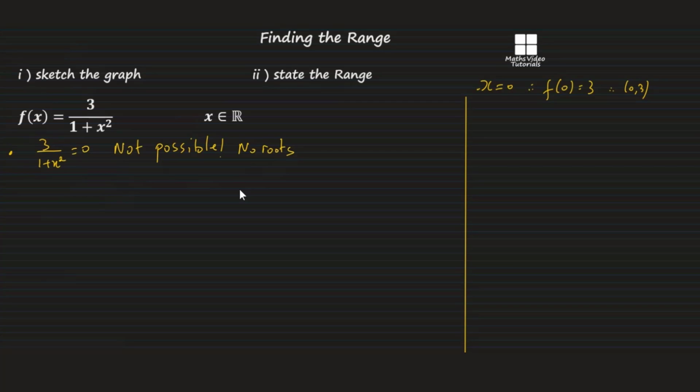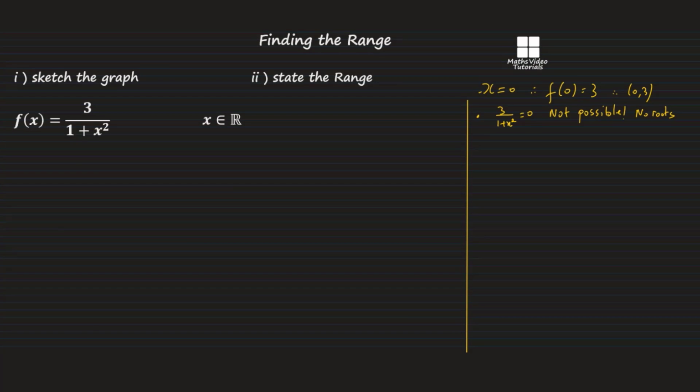The next stop will be any turning points, or as they're called, stationary points. The first thing to do when you are locating the stationary points is to differentiate your function. So we need to work out f dash of x, the derivative of this one. This is an algebraic fraction.